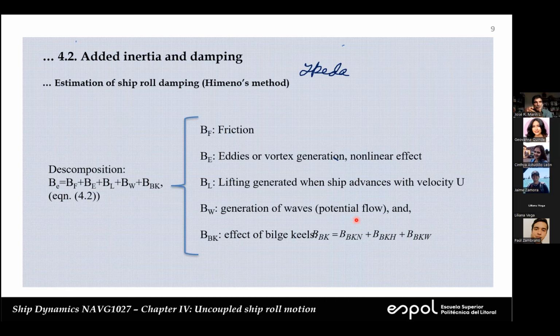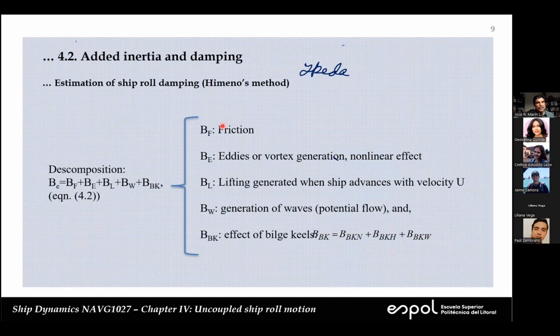So that generates a moment which tries to avoid the motion. But also, on the hull, because of the presence of this, there is some change in the pressure distribution, and that generates another way of damping. And finally, there are also some waves which are generated because of the presence of the bilge keel. So all of these three terms compose the influence from the bilge keel.